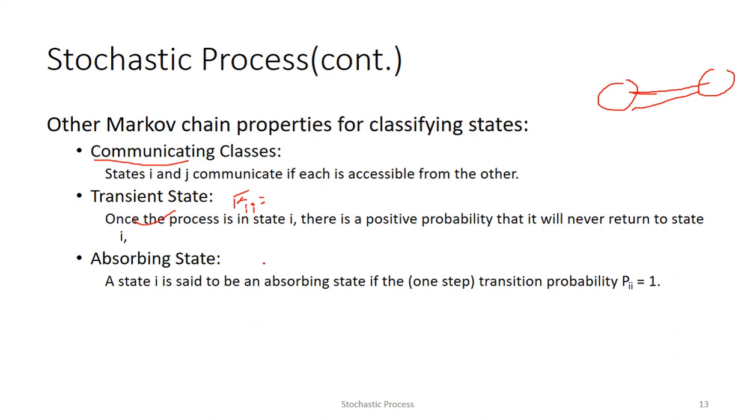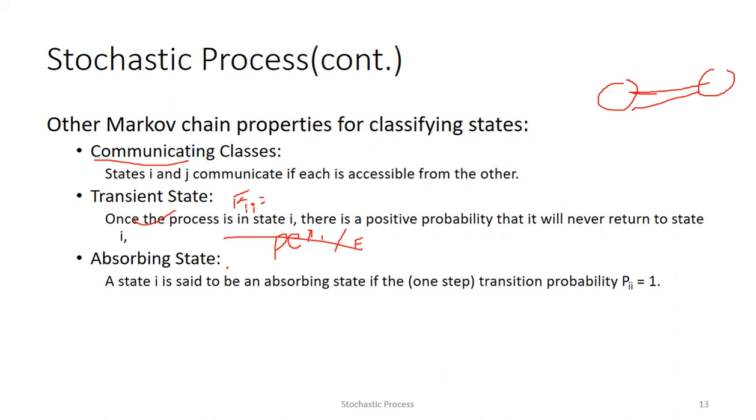For persistent or recurrent, f_ii is equal to 1. This is the definition. In the process of state i, if there is a positive probability that it will never return to state i, then we say that it is a transient state.